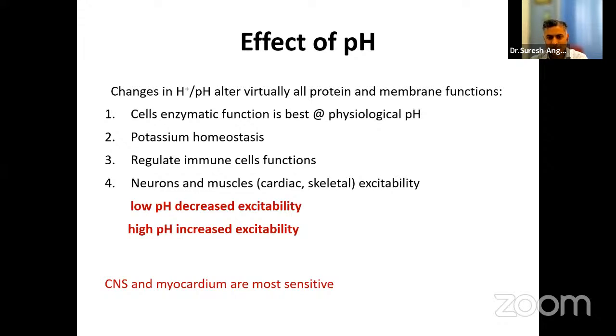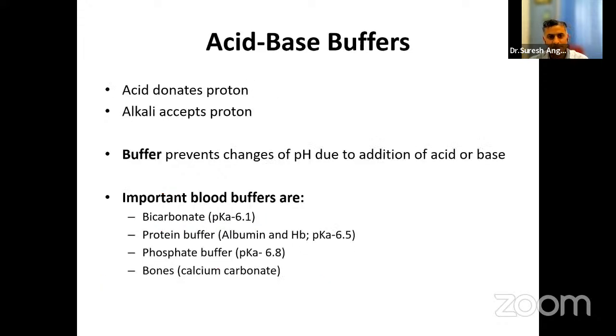Neuron and muscle excitability, in cardiac and skeletal muscles and the nervous system, may be impaired. We know that low pH decreases excitability, and if pH is high, or alkalotic, it increases the excitability of skeletal muscles and nerves. CNS and myocardium are the most sensitive to pH changes. So these are the organs we are worried about whenever there are extreme changes in pH.